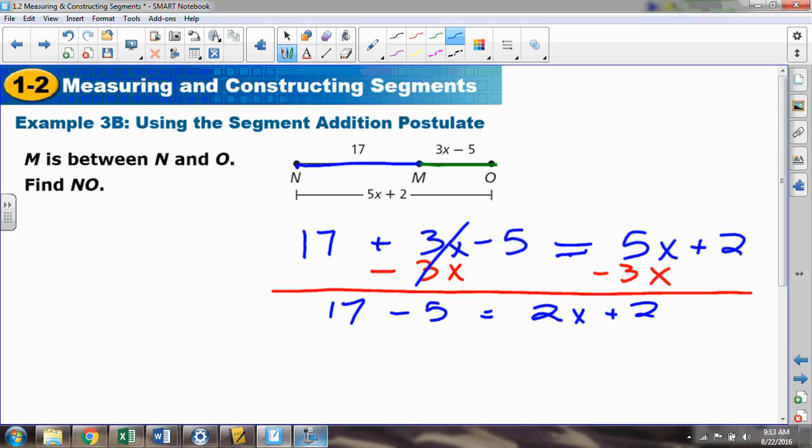Now what? What's the next thing? And there's more than one correct answer to that. For me, I'm going to combine that 17 minus 5, which gives me 12.